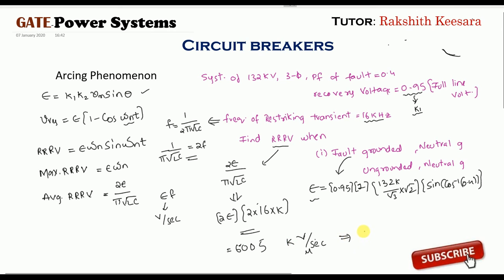Now this will become 6.005 kilovolt per microsecond. These are the units of rate of rise of restriking voltage. Next problem is when fault is ungrounded. Students, when fault is ungrounded, this K2 will be equal to 1.5. By keeping the value as 1.5, calculate the RRRV and mention the value in the comment section.